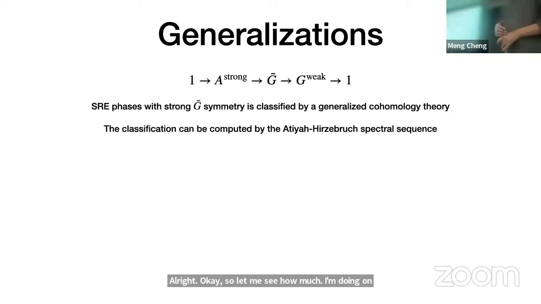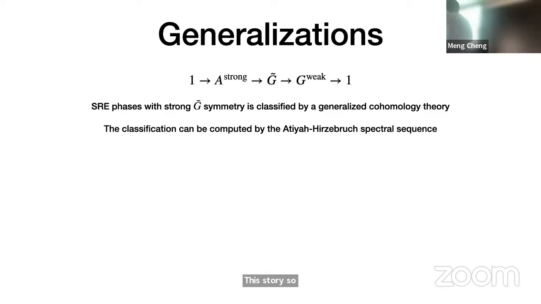Okay, so let me see how much time I'm doing on. I'm already almost approaching 11:30. So let me briefly discuss the general mathematical structure behind this story. This is just to summarize what the general theory is.